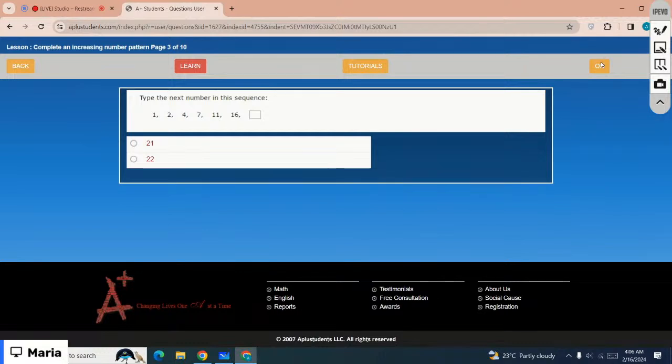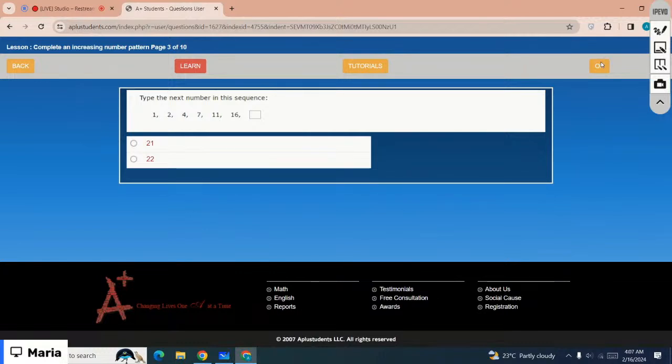Type the next number in the sequence. So, which is the next one? The next number in the sequence is... very good, 22.